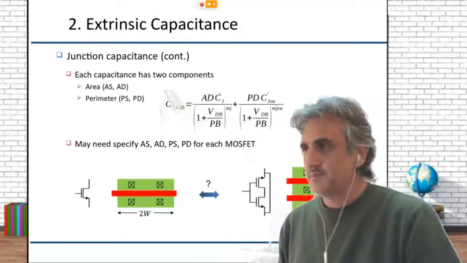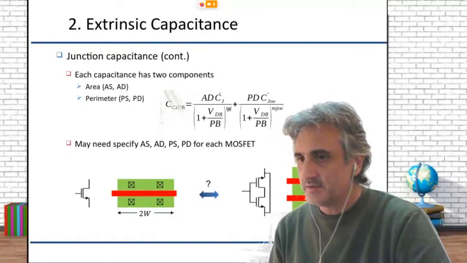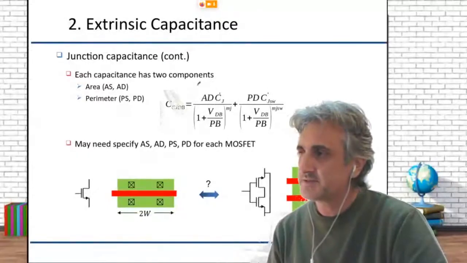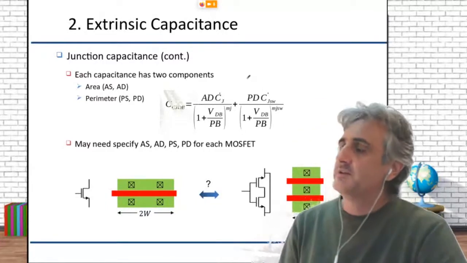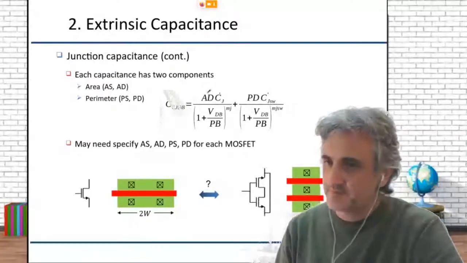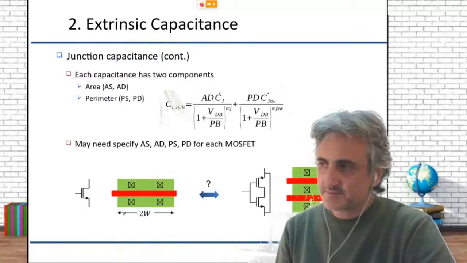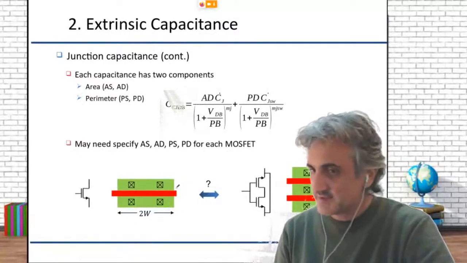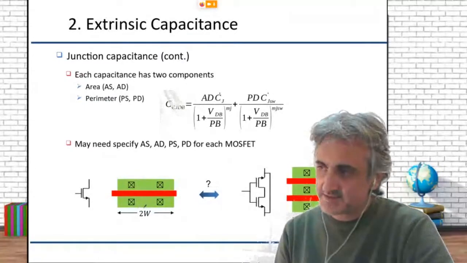The first term is the direct capacitance, and the other term is the fringe capacitance, which depends on the perimeter. The first one depends on the area, and the second one depends on the perimeter, which is 2W plus 2L, and the area is just W by L.